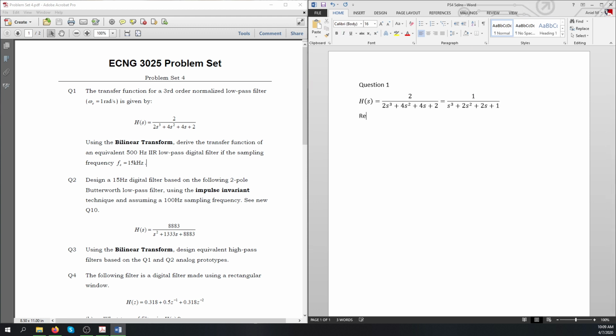So the next step is that we're required to match the 500 Hz for the digital filter to the 1 radian per second for h of s, or analog filter.